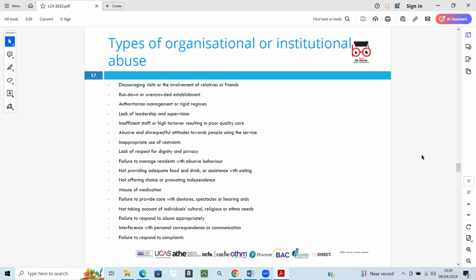We have so many bullet points here, which you can go through on the slide by yourself as well. And if you have any concern or question regarding these bullet points, you can ask me. And this is about the types of organizational institutional abuse.